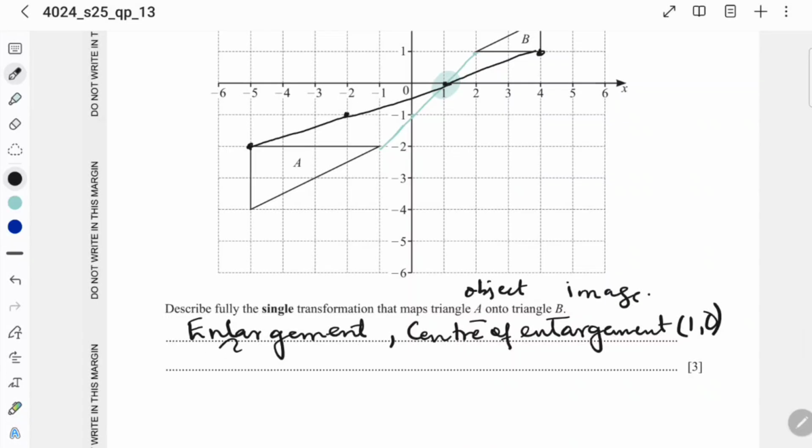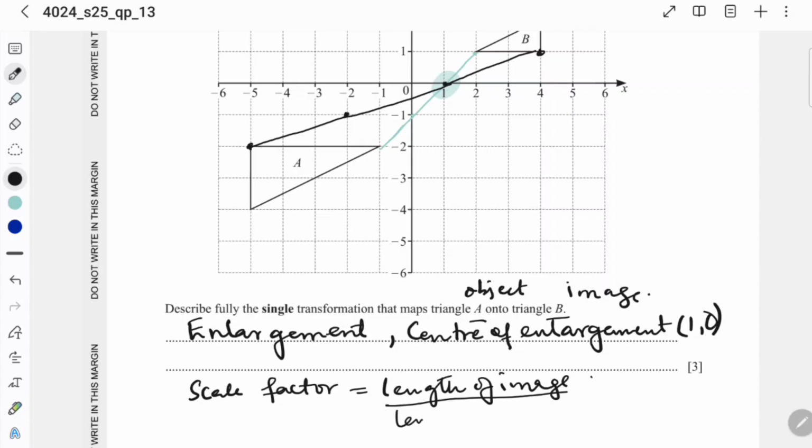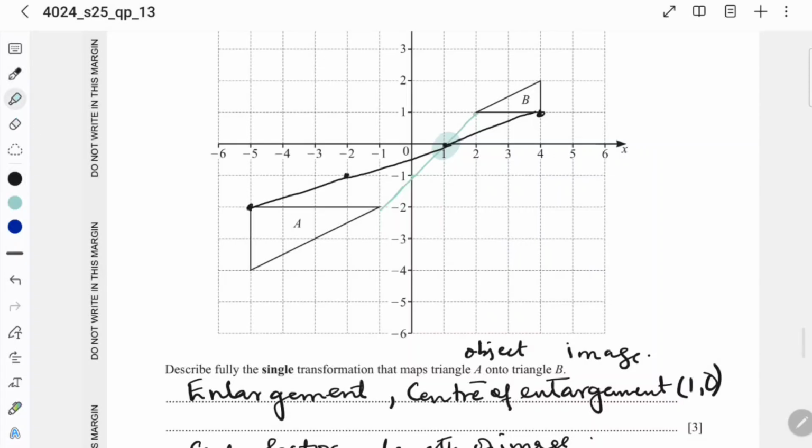The scale factor is the length of image upon length of object. Any one you can see, which one is a straight line. If I just check these two, this and this one, I can see 2 is the length and 4 is the length here. So image upon object, image is this one and object is this one.